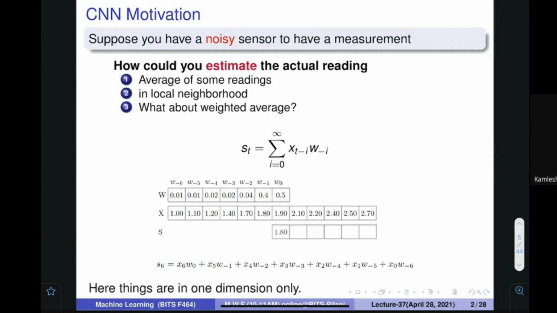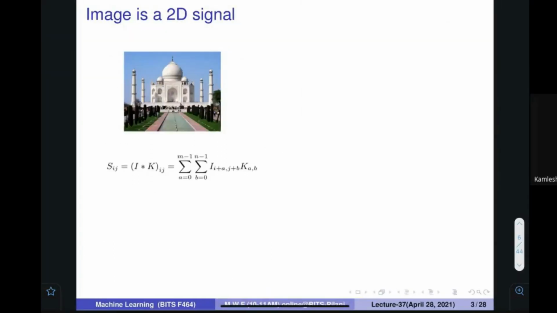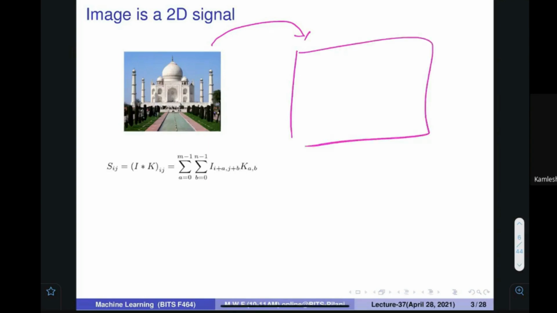The same kind of operations we are going to do for images also. We have seen in the previous sessions that if you want to find a better representation of this image, and you want to find what the value should be at this particular pixel location, you see the neighborhood in the original image and find the average over there.